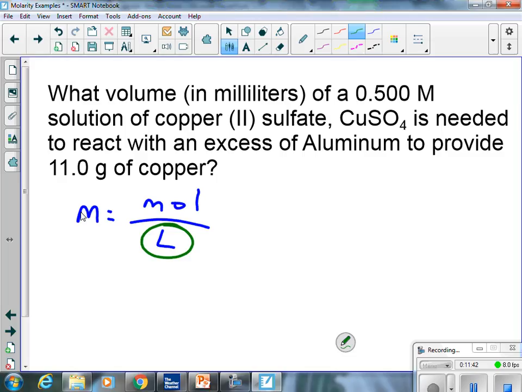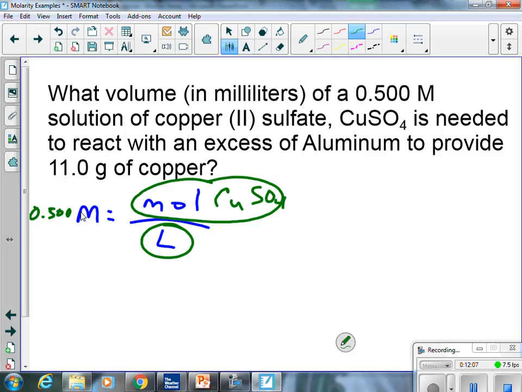Do I have molarity? Yes, I have 0.500 molar. So somehow I have to find moles, but it's moles of what? Copper 2 sulfate.